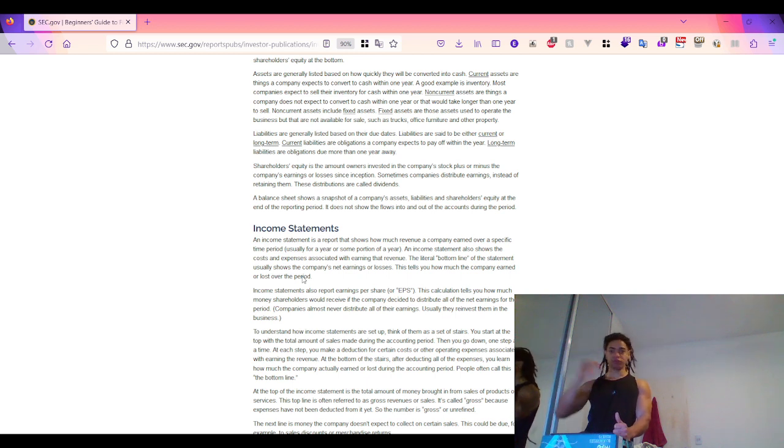Going down the stairs, you deduct things like amortization and depreciation, as well as operating expenses, which are expenses that a company incurs to maintain its day-to-day activities, such as administrative salaries, marketing, or research and development.